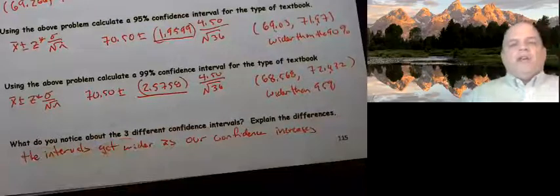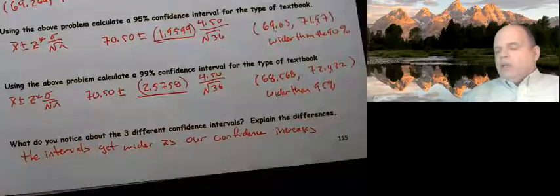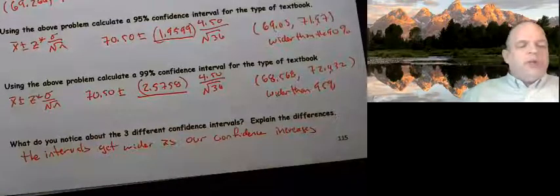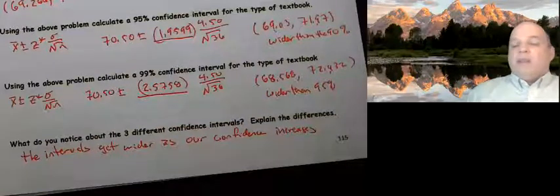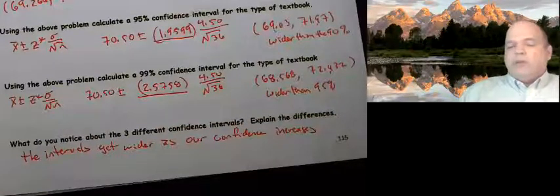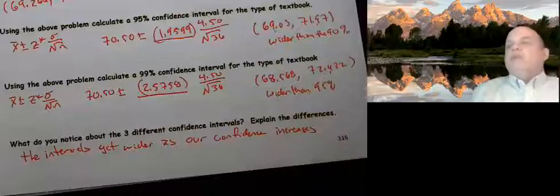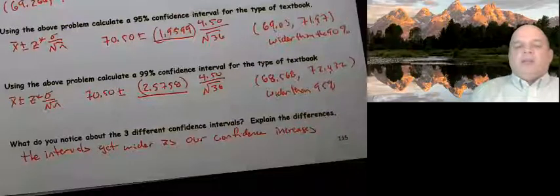So the bigger the confidence level, the wider the interval. All right, if everything else is the same, the higher the confidence level, the bigger the interval. All right, so the interval gets bigger as the confidence level increases. All right, that concludes this video.